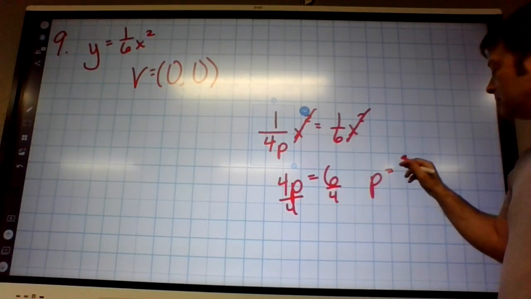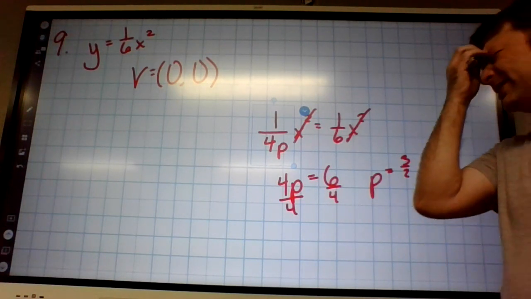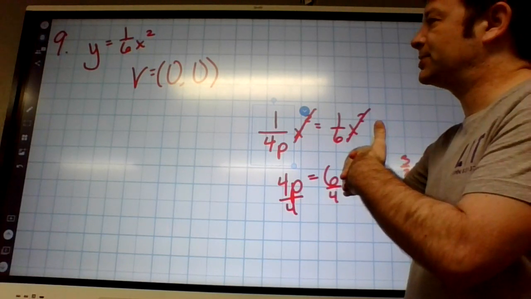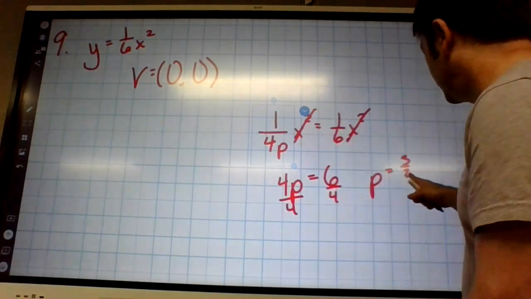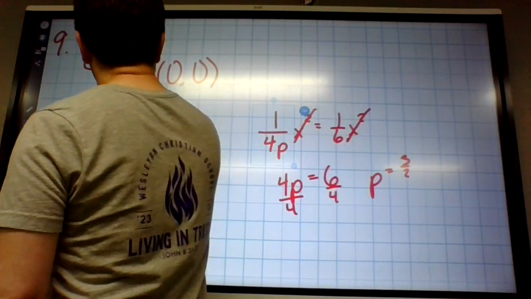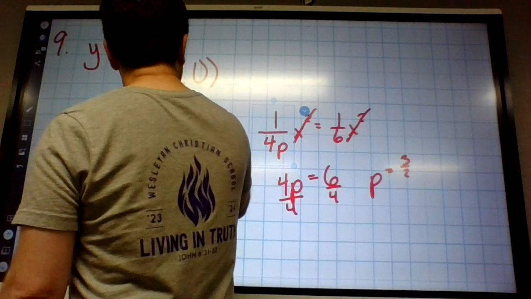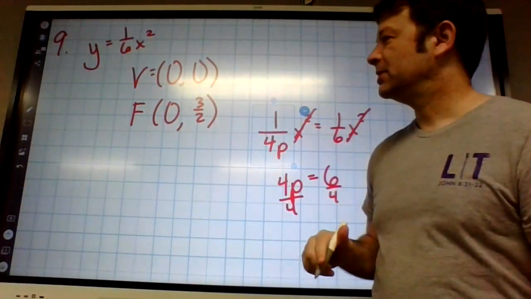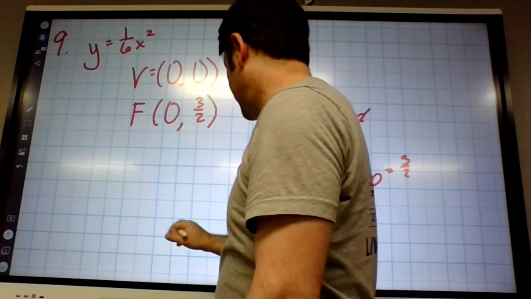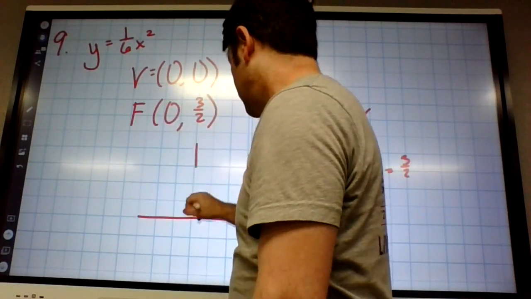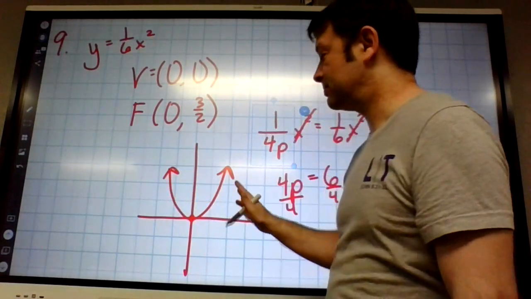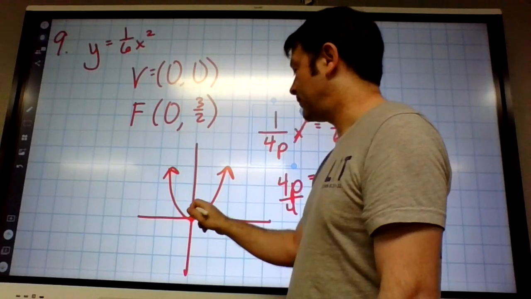Okay, what that tells us is that the focus is going to be 1.5 up from the vertex. So the focus is going to be at 0, 3/2. And the directrix, which I'm sure we forgot what that is. Let me graph this real quick. So this is the parabola, something like that. Rough scale. So the focus is up here.